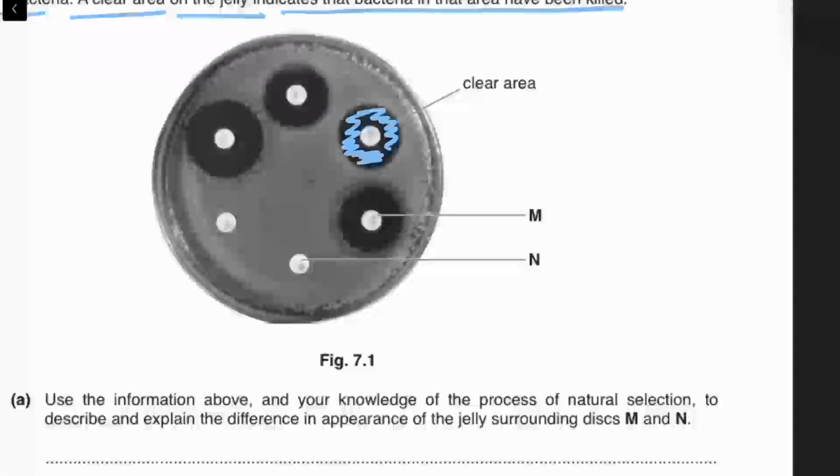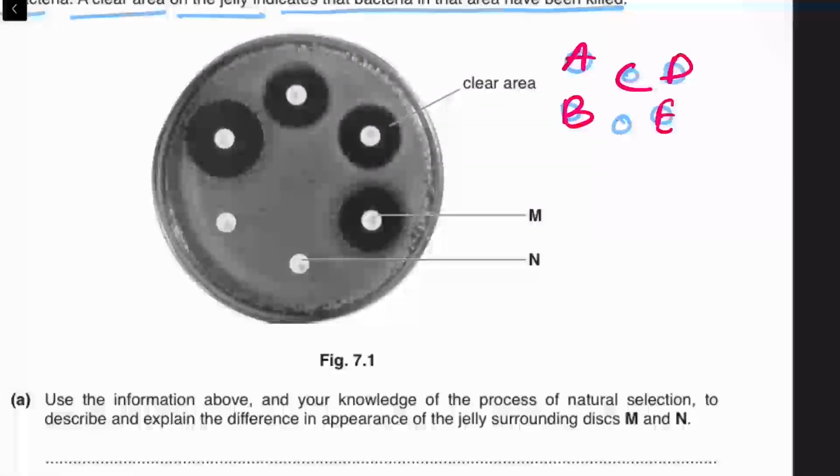Okay. Why is the bacteria not growing? So what they are doing is they are taking this paper and soaking it in different antibiotics. They have antibiotic A, B, C, D, E, F. And they are putting it here like this. A, B, C, D, E, F.